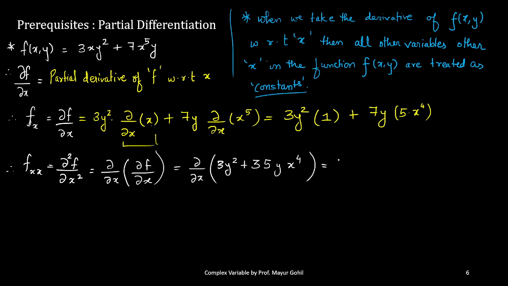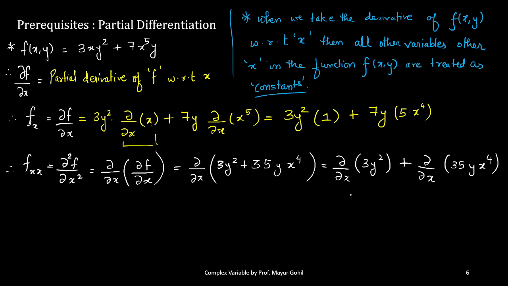By the rules of the derivative, it is ∂/∂x operates on 3y² plus ∂/∂x operates on 35y x raised to 4. This is extremely basic.